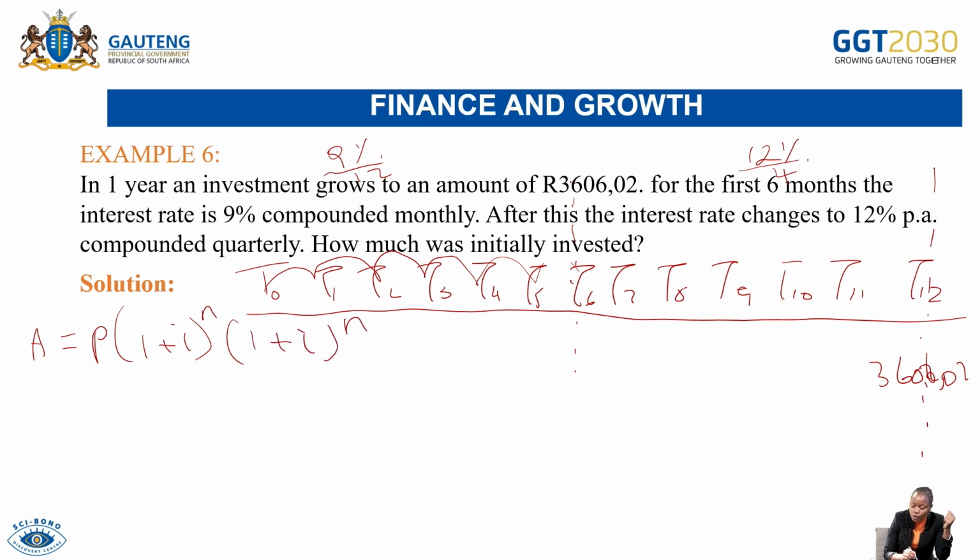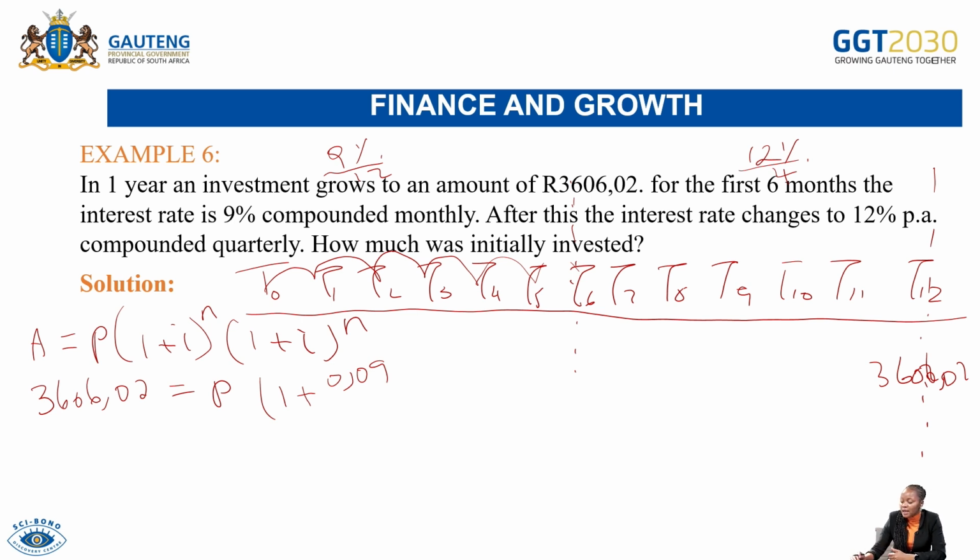So your A is 3,606.02, which equals P. You open a bracket, it's 1 plus the first i, which is 0.09. Do not forget, you don't substitute 9% as it is, but you need to convert it to a number.